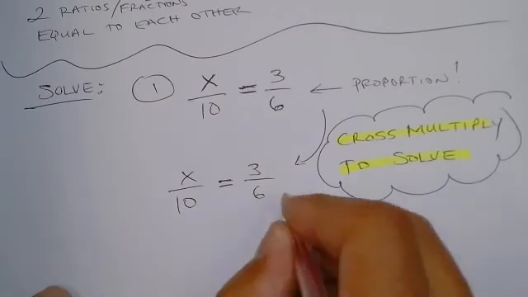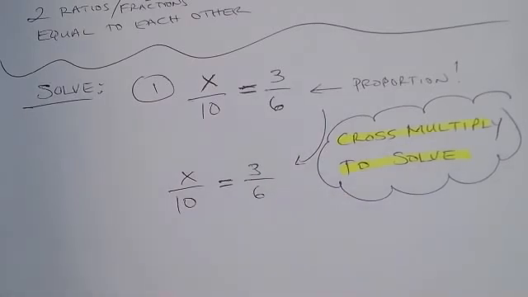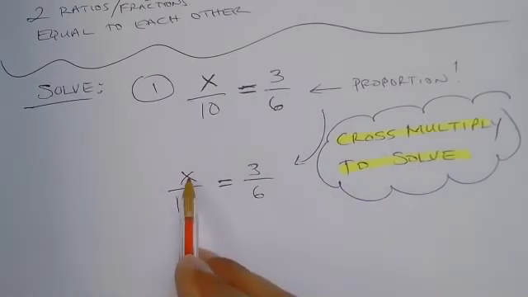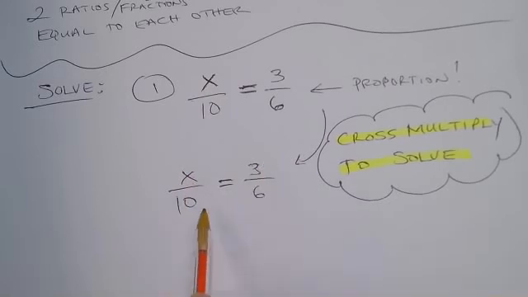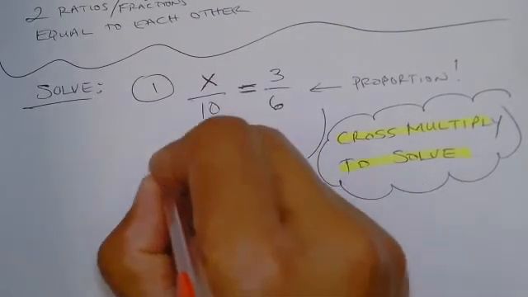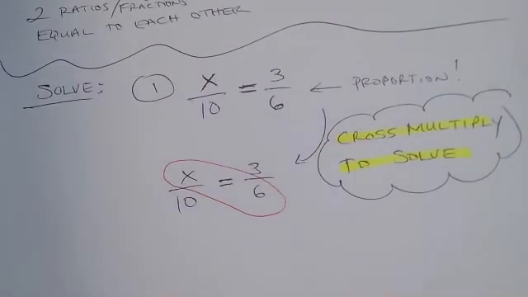Cross multiply is diagonally. And I always like to start with the one that has the variable first, because it doesn't matter where the variable is. Sometimes it'll be on the top here, sometimes on the top over here, sometimes on the bottom. It doesn't matter where it is.